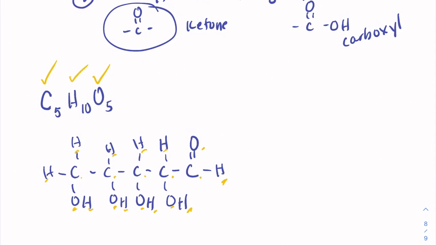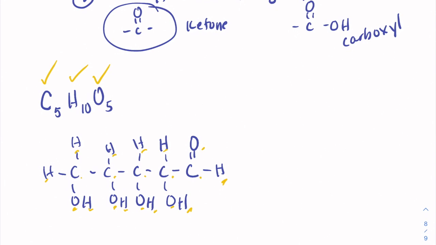Yay, we got it. And I'm not seeing anything funky here. Every carbon is making a total of 4 covalent bonds. Like even here, this is 1, 2, 3, 4. The double bond counts as 2. So something like that.